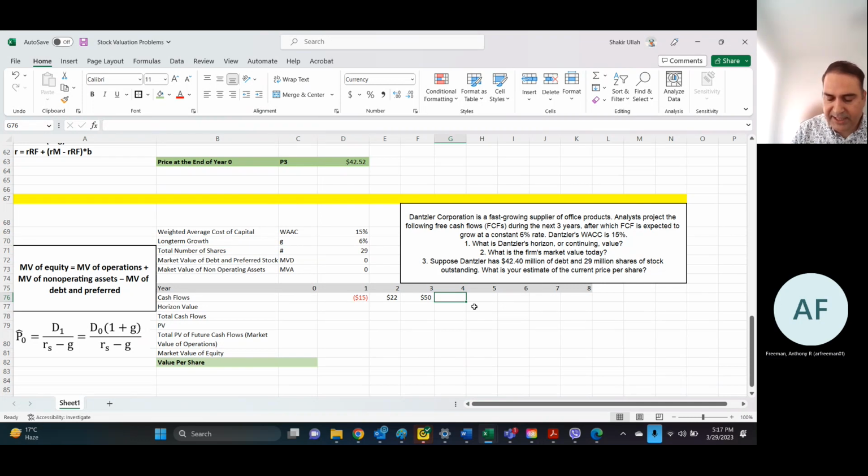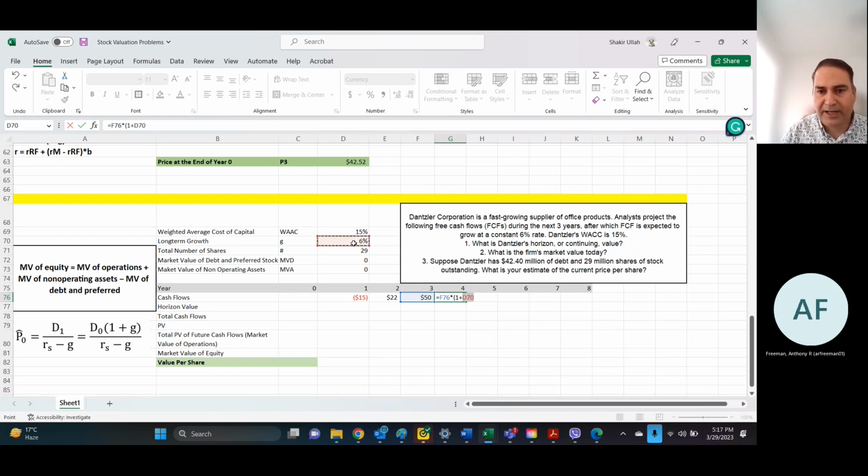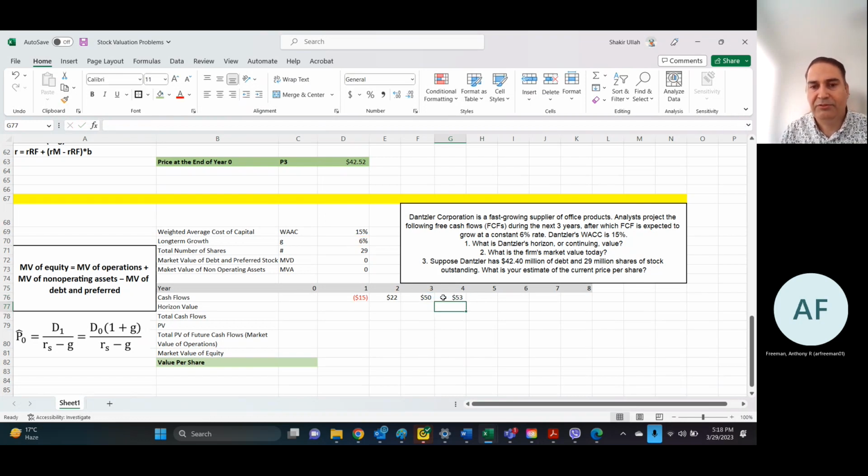Which means the next cash flow would be equal to the previous cash flow multiplied by bracket start 1 plus the growth rate, which is 6%, right? And raised to the power 1 in this case, because we are just compounding the previous cash flow to the next one. So the next cash flow would be 53.